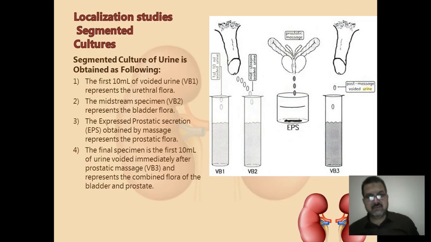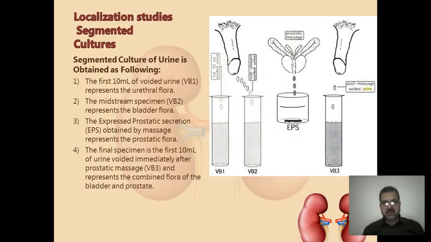For localization, we take the first 10 ml of urine, which reflects the urethral microorganisms. If there is a microorganism, it will come from the urethra.